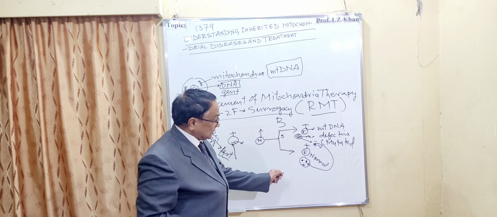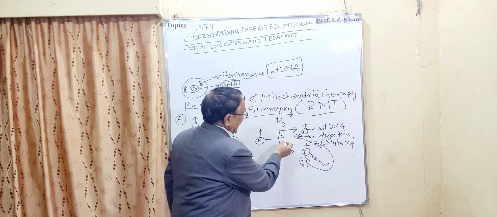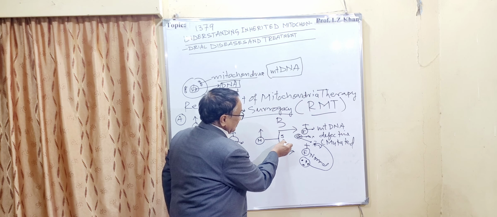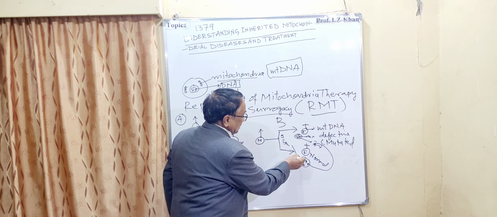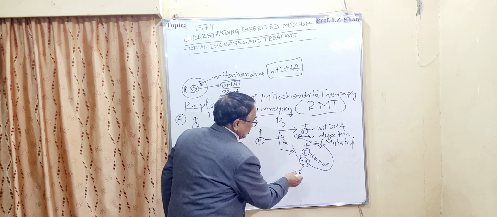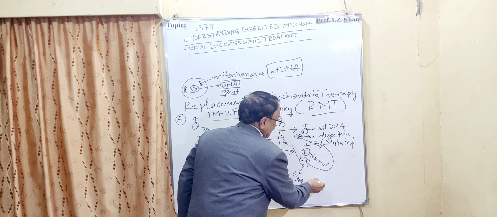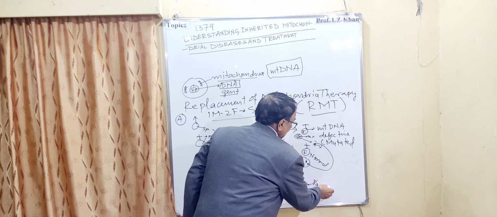So now this cell will become one with normal mitochondria, and then this sperm will enter inside, and there will be formation of zygote, and you will get a normal baby.